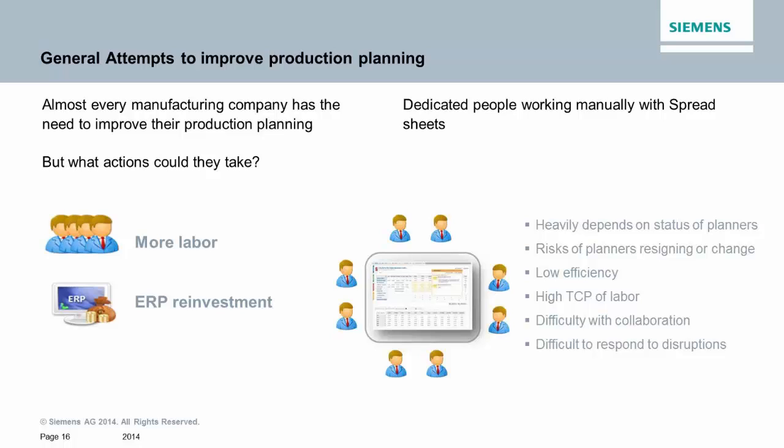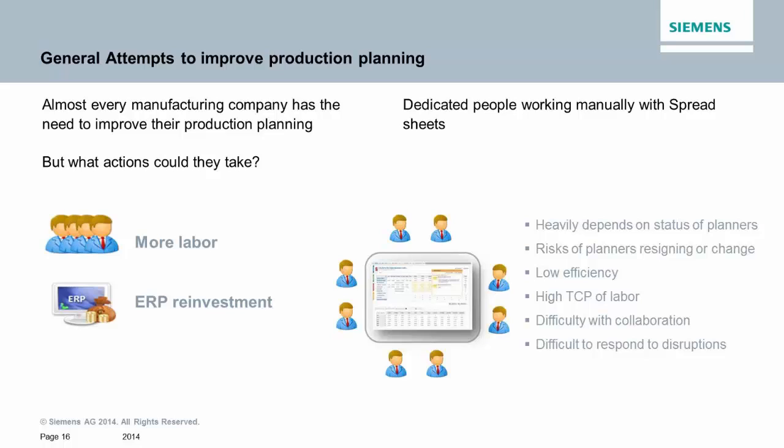And of course, there's efforts across manufacturing to purchase ERPs to increase efficiency by getting rid of all the disparate systems that manufacturing plants have. But there's limitations with ERP systems as well, and we'll take a look at that momentarily.